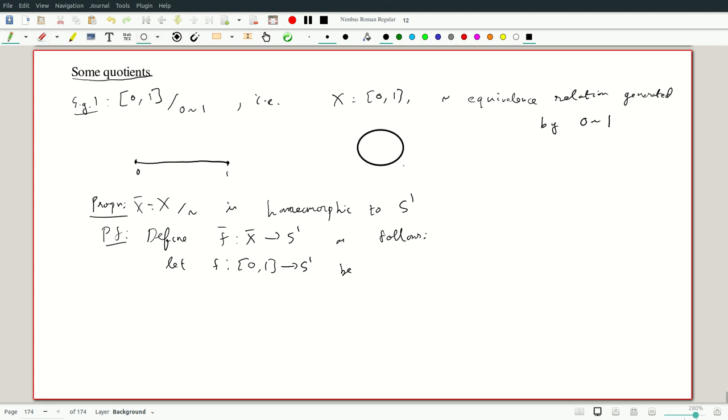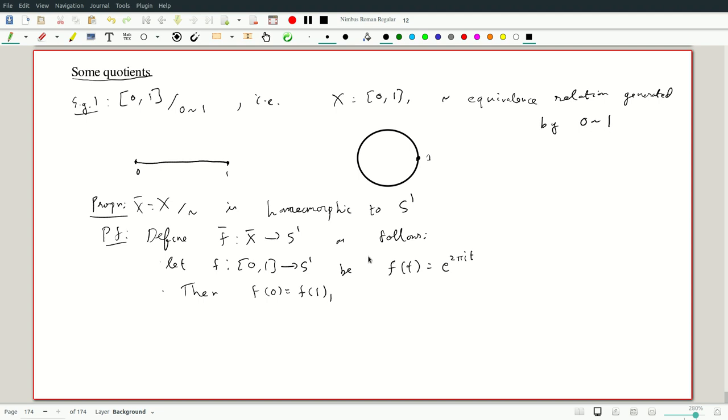So here's a circle. I want it to be a circle. And here is a point. So this is going to be the one in the complex plane, or [0,1], which is part of the circle. We define f from [0,1] to S1 by f of t equals e to the 2 pi i t. Okay. Then f of 0 equals f of 1.